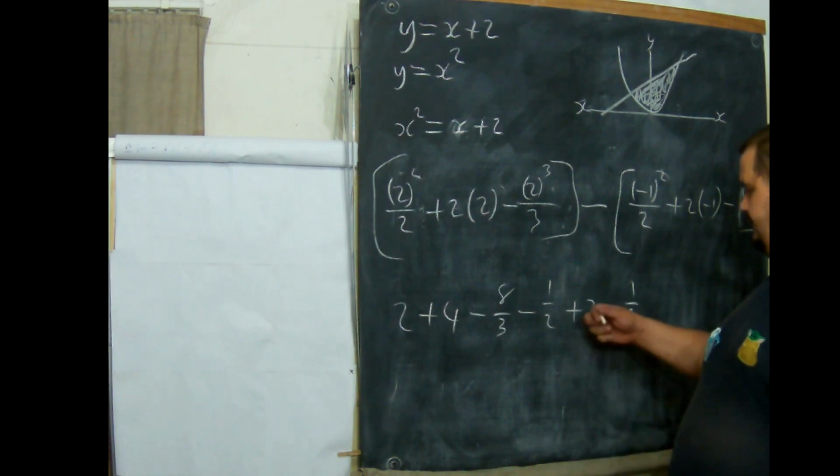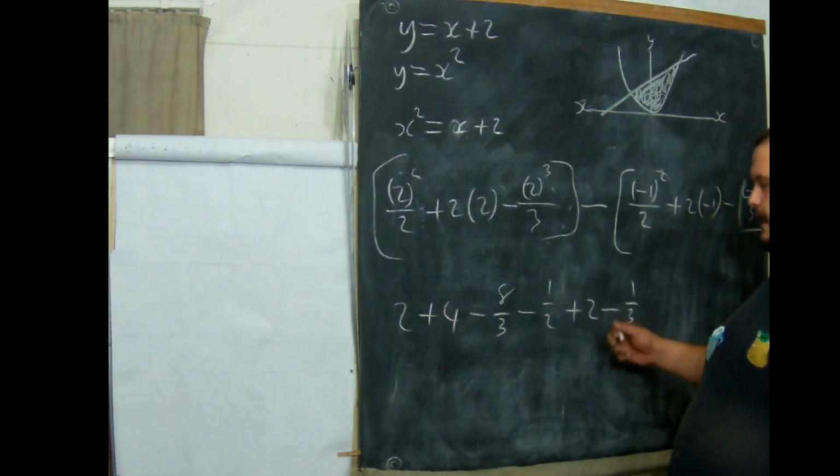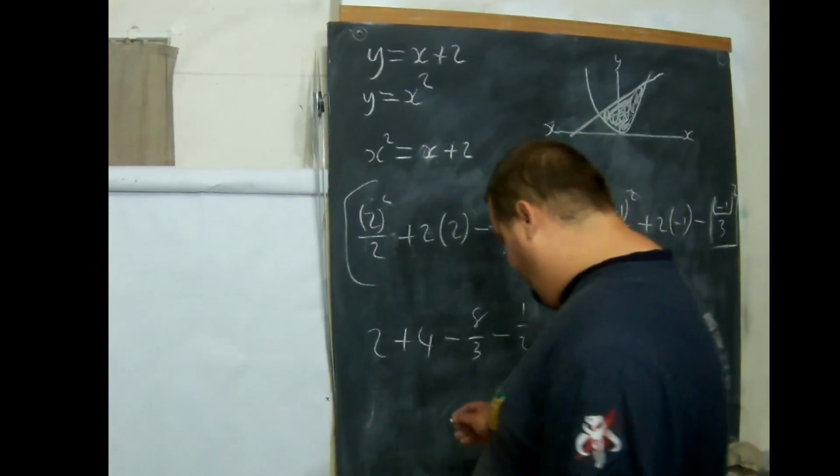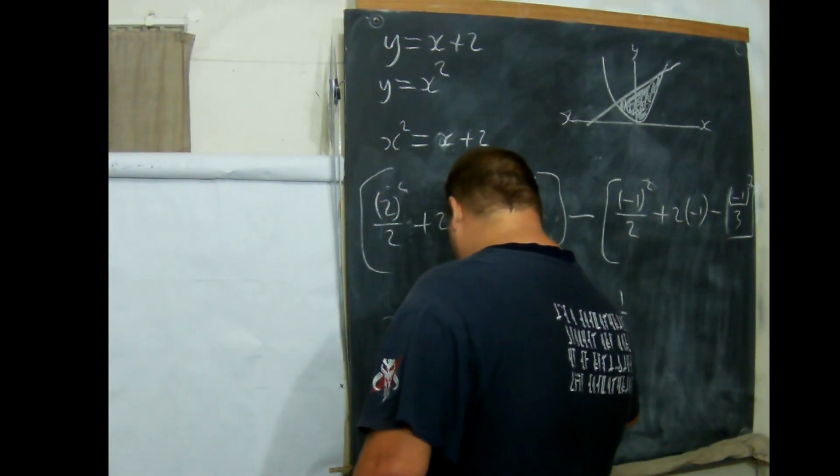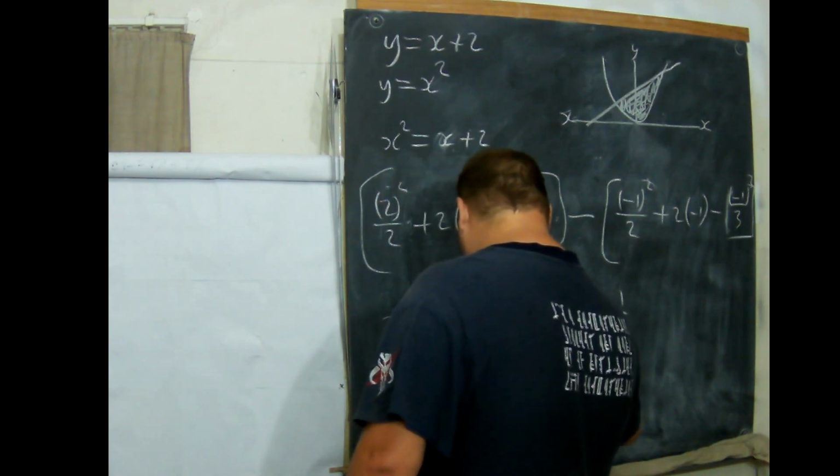And all these numbers added and subtracted, you'll finally end up with 4,5 units squared.